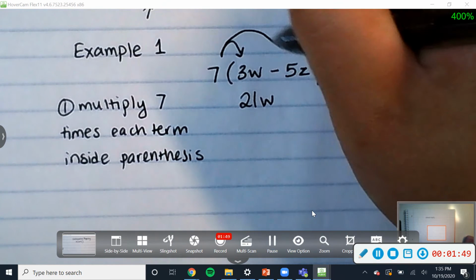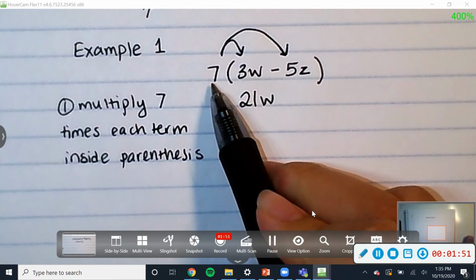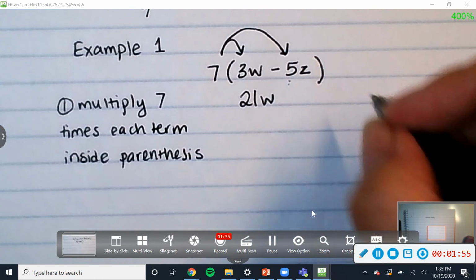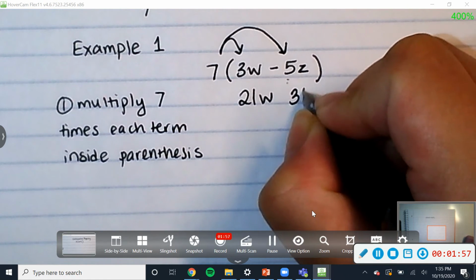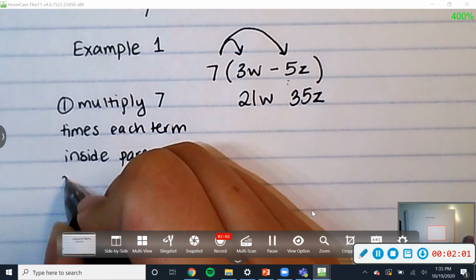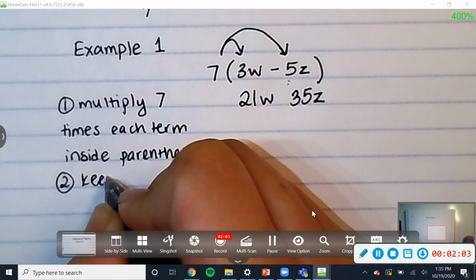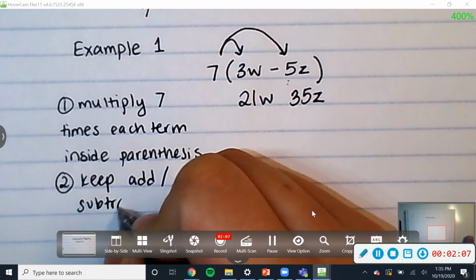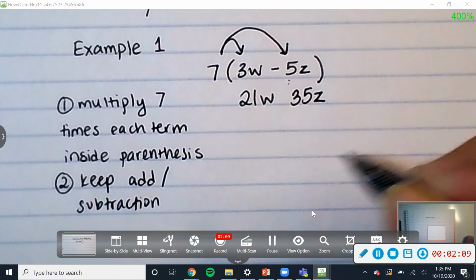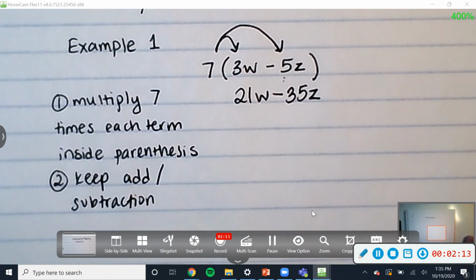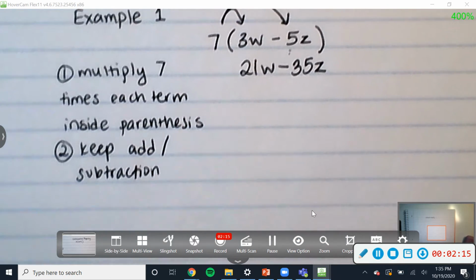When I multiply the next terms, 7 times 5z, this would give me 35z. And then again, I want to keep either the addition or subtraction sign. So because this was a subtraction, I'm going to make sure that I keep this subtraction sign between my two terms.